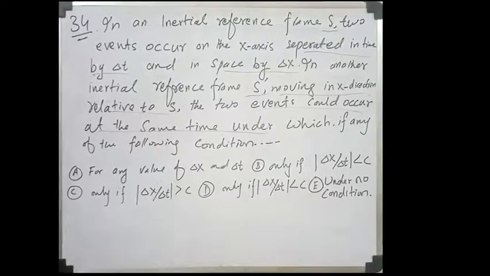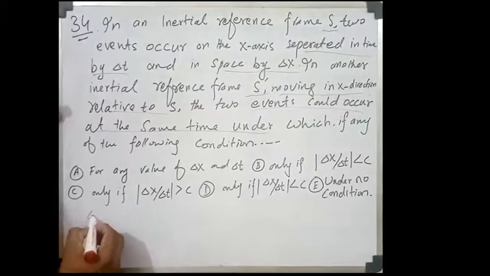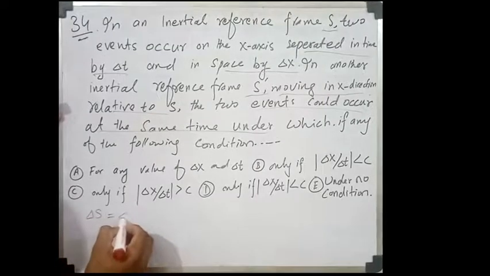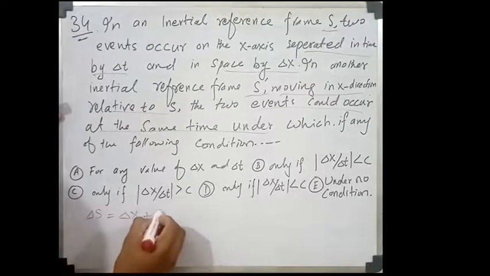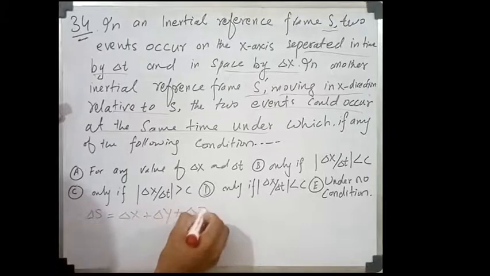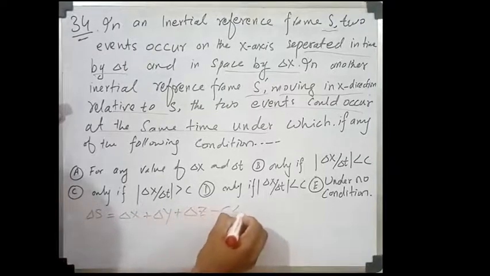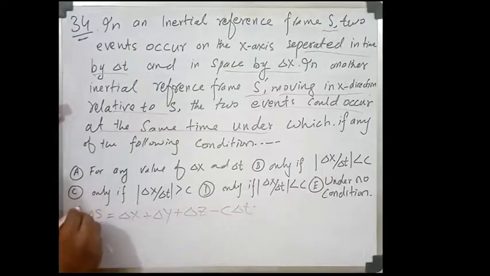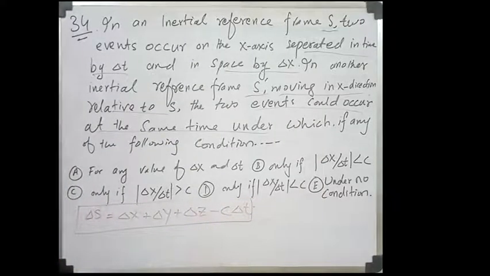For space separation, we have a formula: delta S is equal to delta x squared plus delta y squared plus delta z squared minus c delta t squared. This is a formula for two events when they are separated in space and in time.